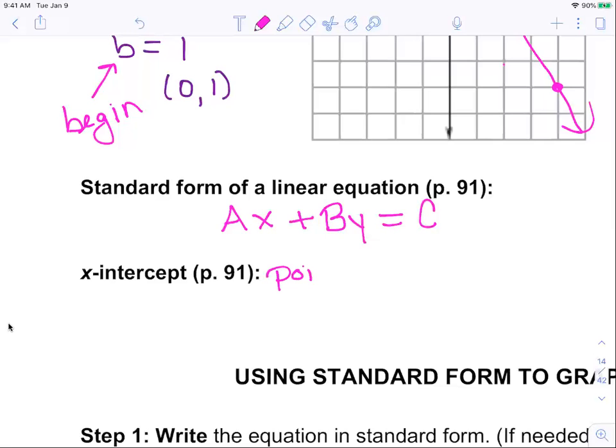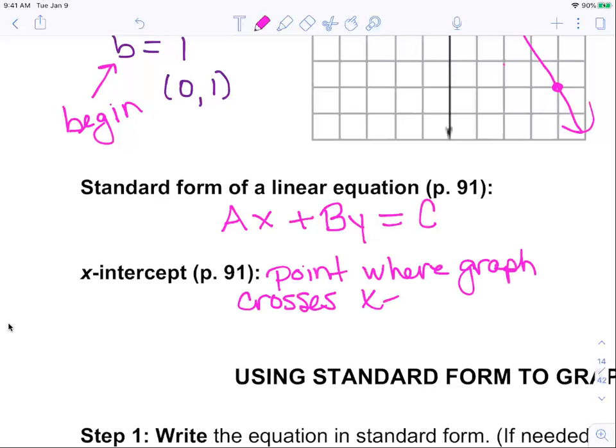Yep, perfect. And the way we write that point would be a comma 0. So a y-intercept is 0 comma b, and an x-intercept is a comma 0.